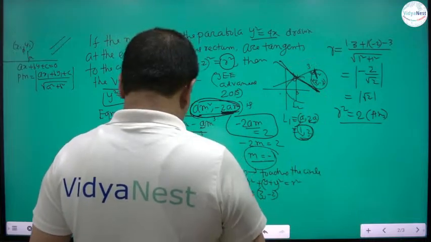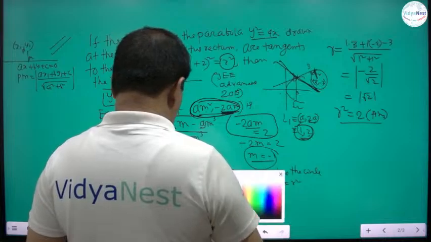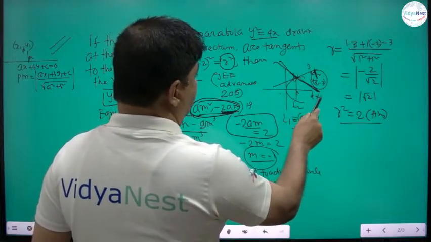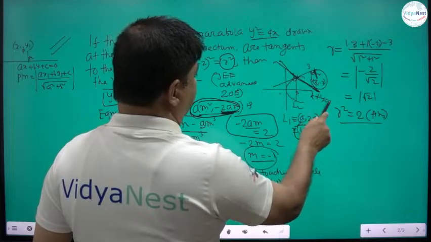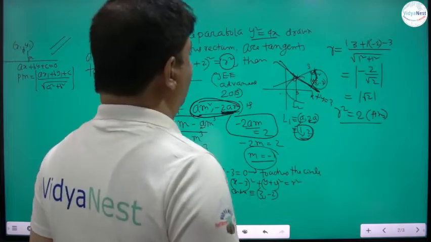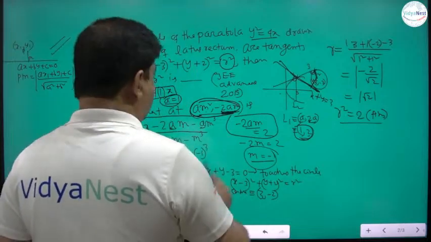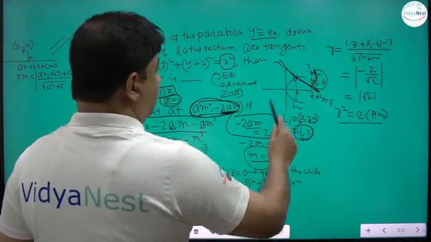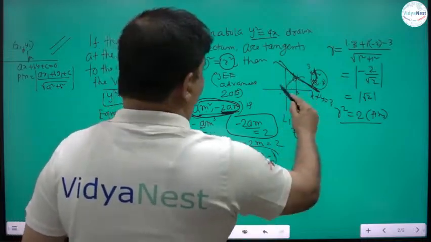This line is x plus y is equal to 3. So this is the radius. Now that is not. This is the normal, but to draw a normal we need a tangent.